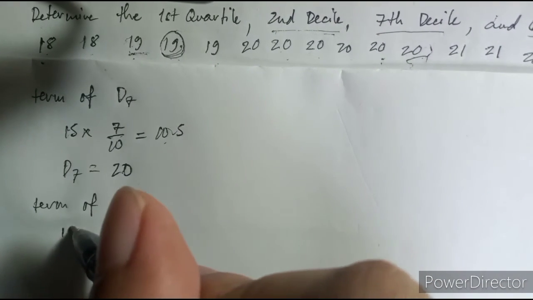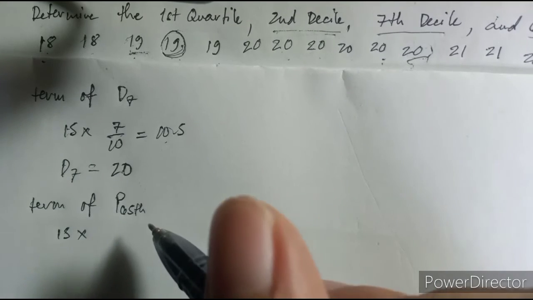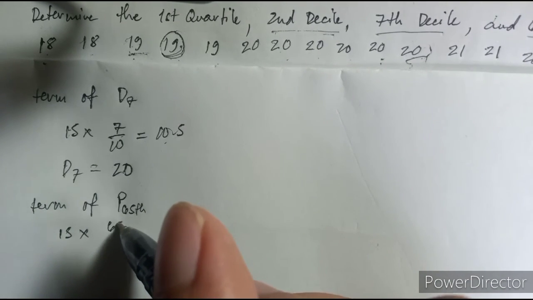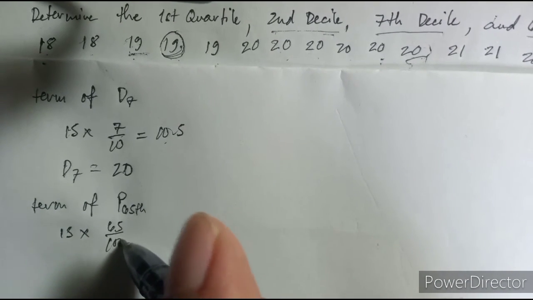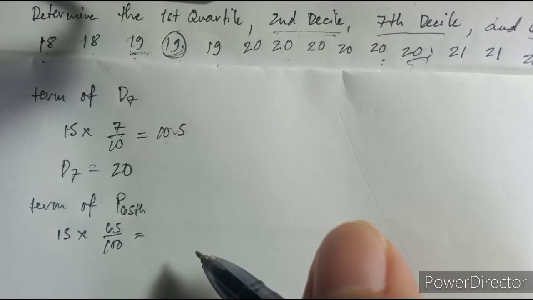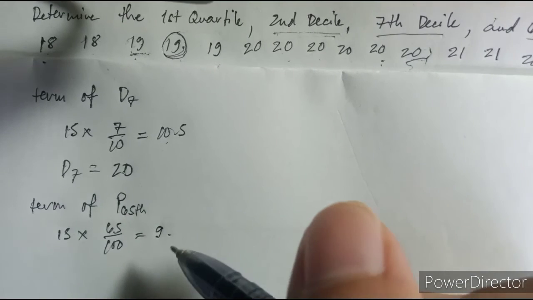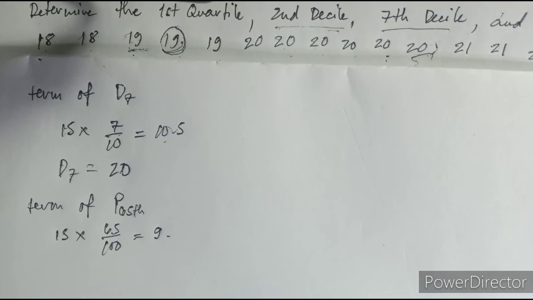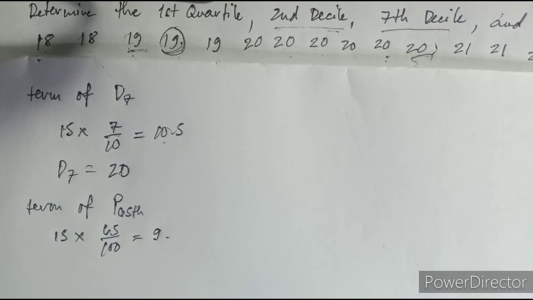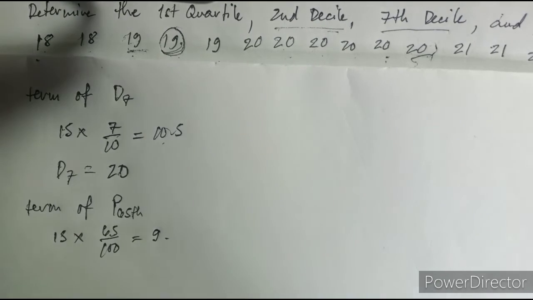That would be 15 times 65 over 100. Just use your calculator to compute for that one. We have 9.75.